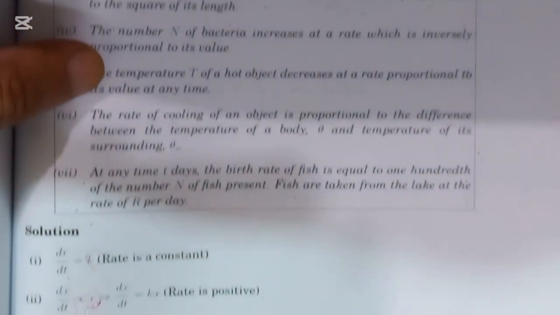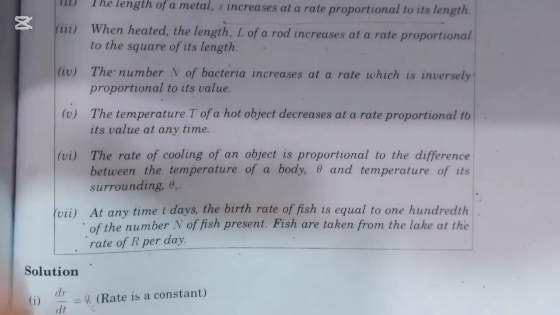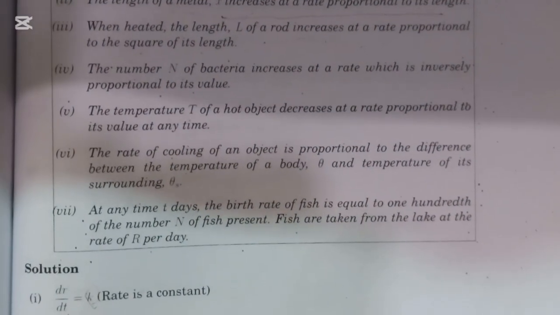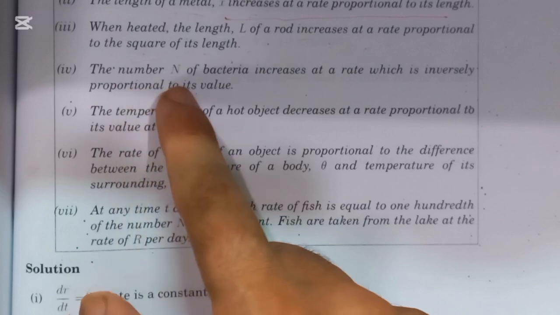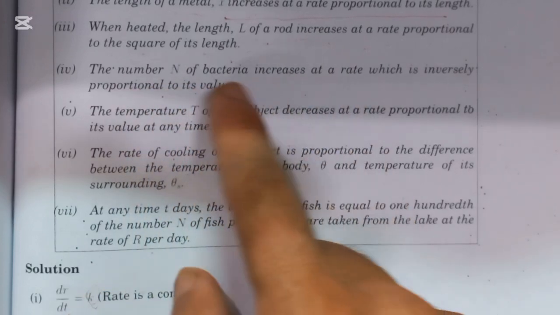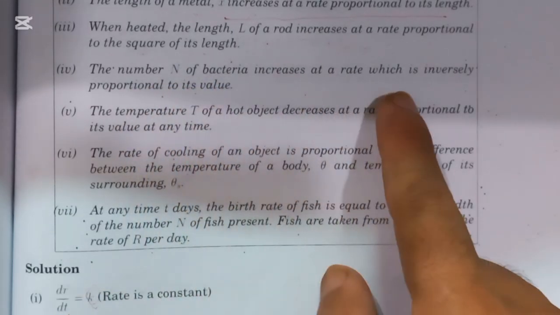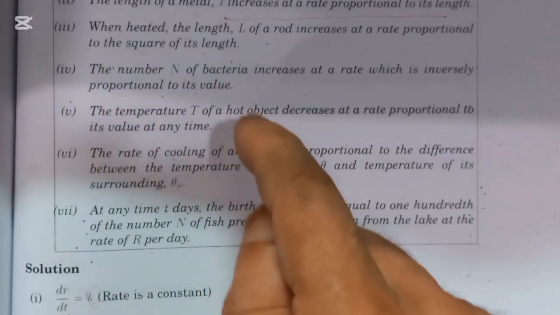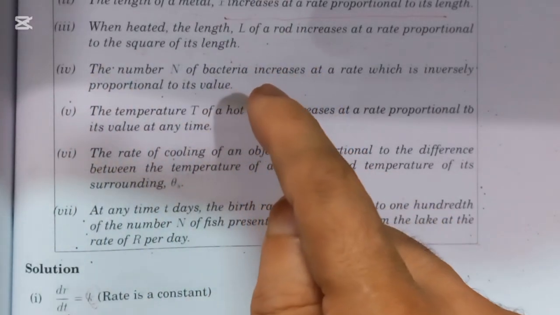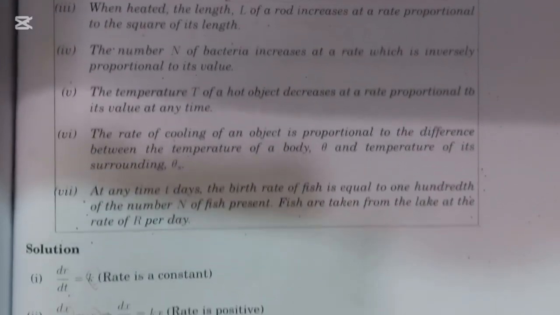Here is another part, the fourth part. The number n of the bacteria increases at the rate, which means dn over dt, which is inversely proportional to its value. So the proportionality sign and 1 over n will be placed on the right side.